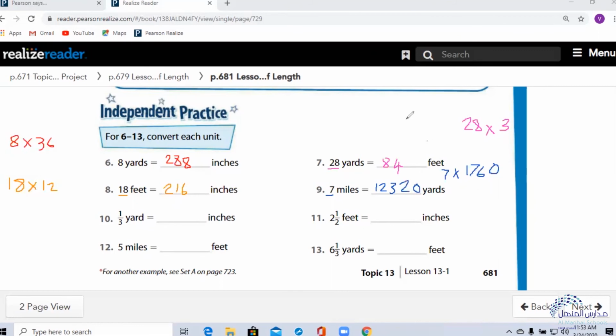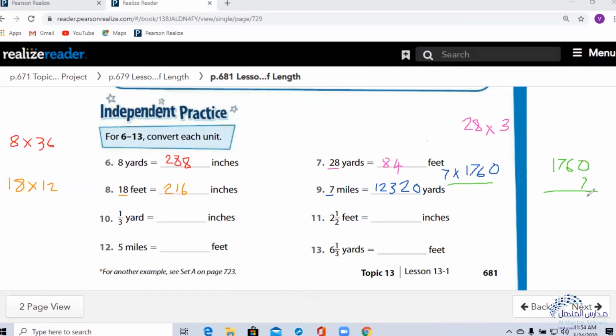How did I get to that answer? Let's just look. I write 1,760 multiplied with 7.